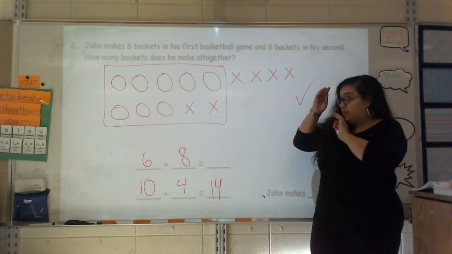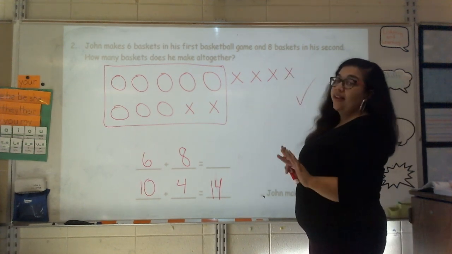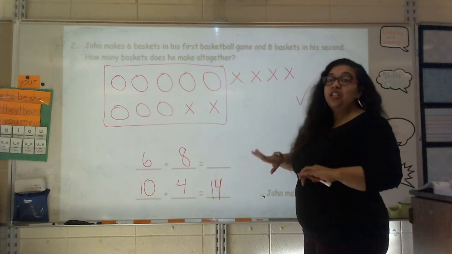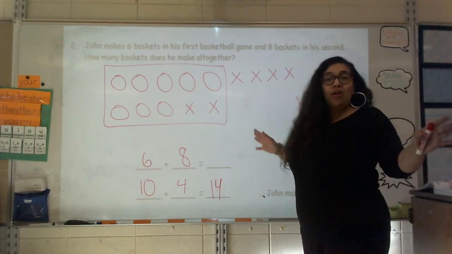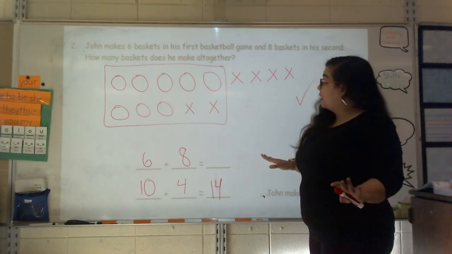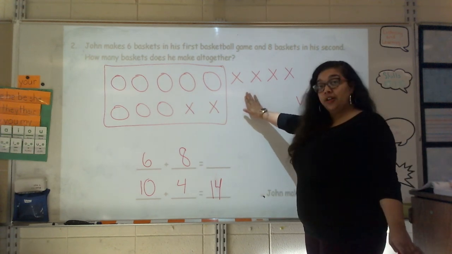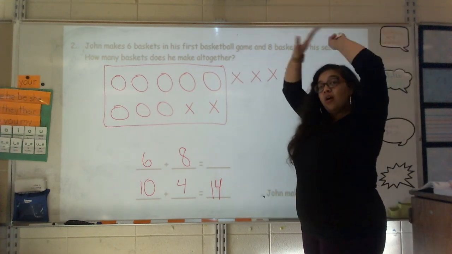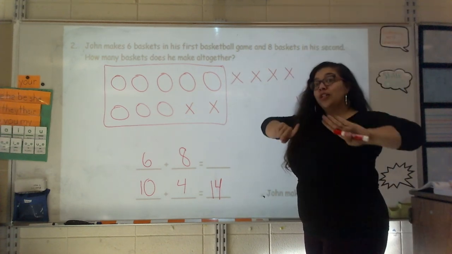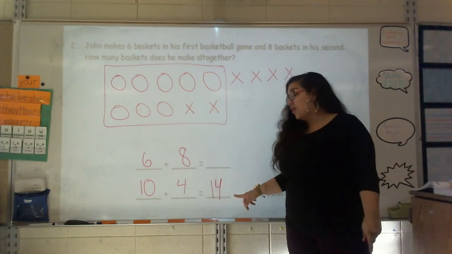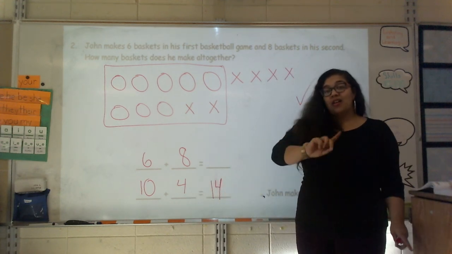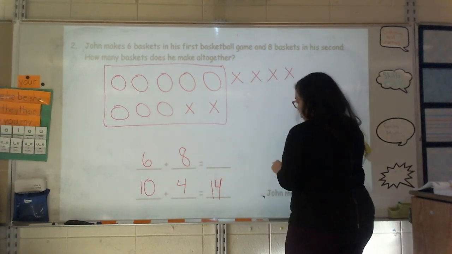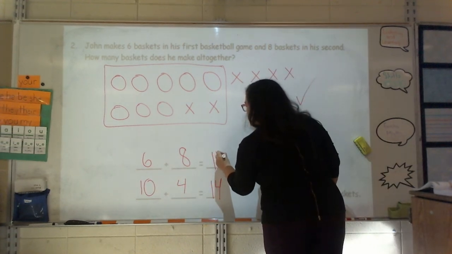All right, so did I give John any extra baskets? Did he get a bonus point? Did he shoot any free throws? Did the game go into overtime? No, which means that this picture, even though I moved the pieces around, depicts all the baskets he made, which means that if 10 plus 4 is equal to 14, then it is also true that 6 plus 8 is equal to 14.